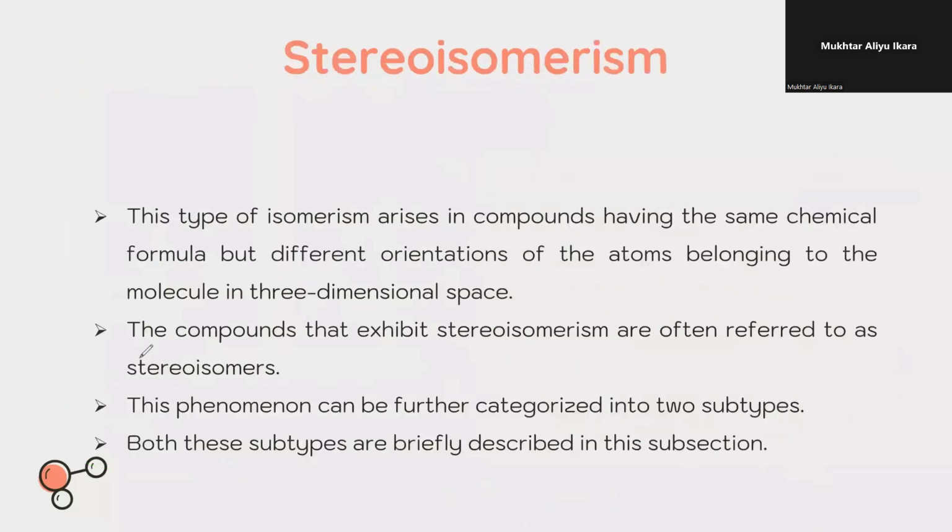So the next type of isomerism that we are going to look at, the one that has a 3-dimensional structure, is stereoisomerism. So what is stereoisomerism?